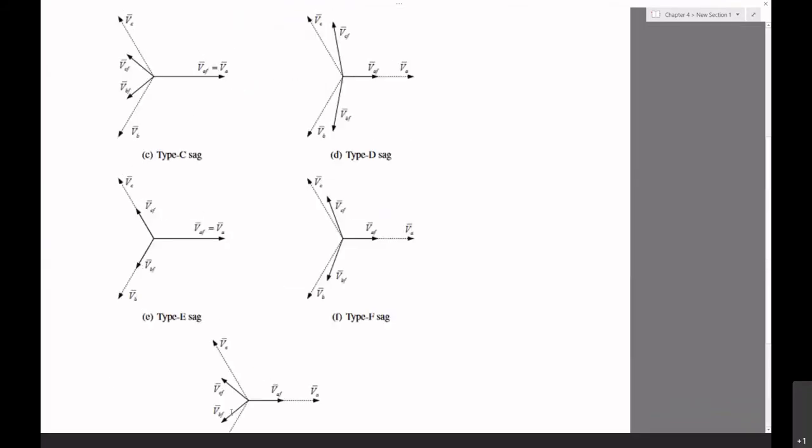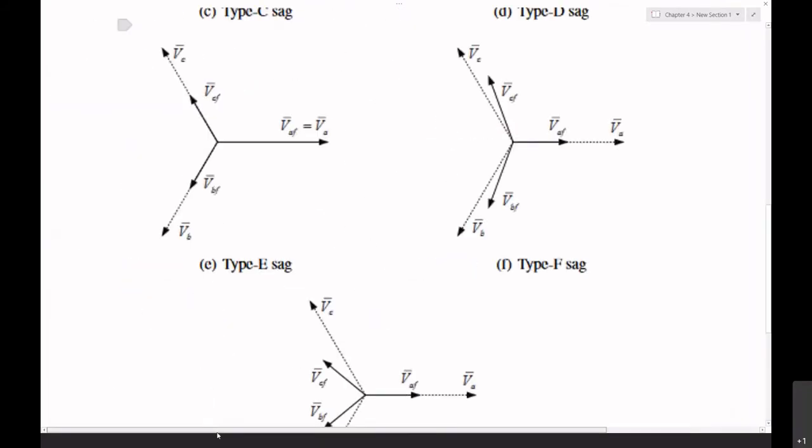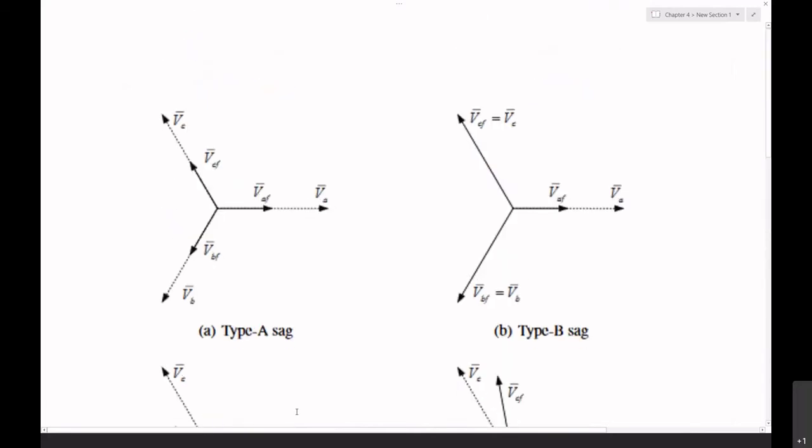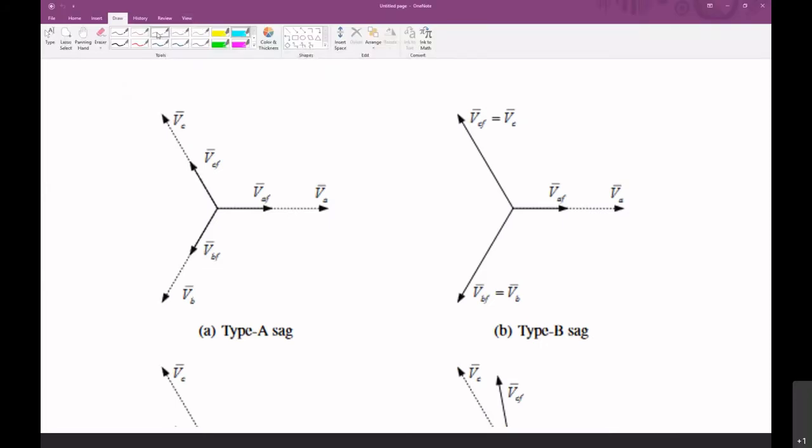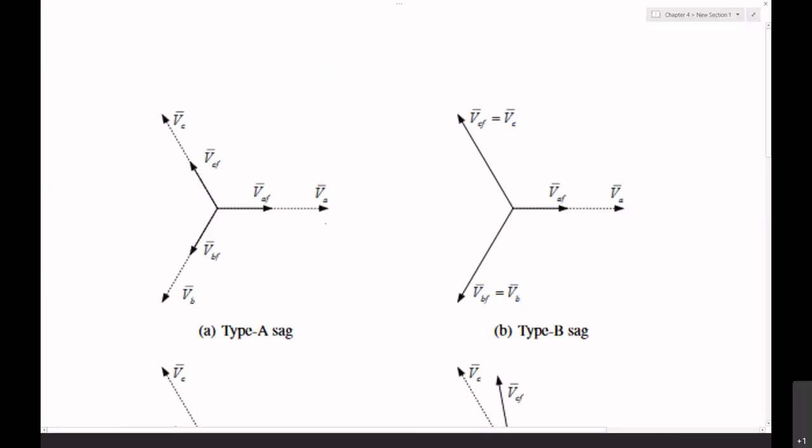These are the phasor diagrams, phasor indication. This is the type A fault. I'll mark over here, if it is not very visible: it is V bar A, and this is V bar AF. This is V bar C, and this one is V bar CF.